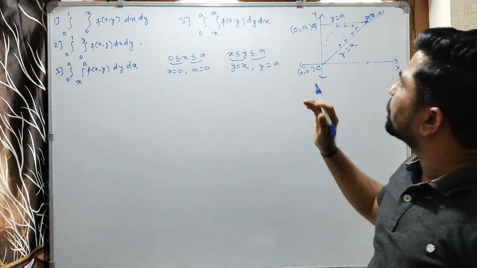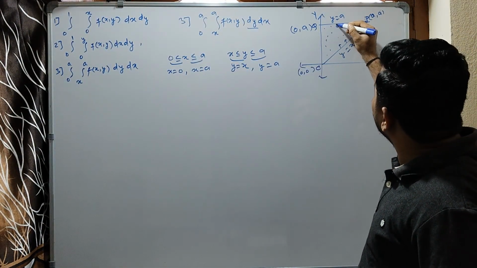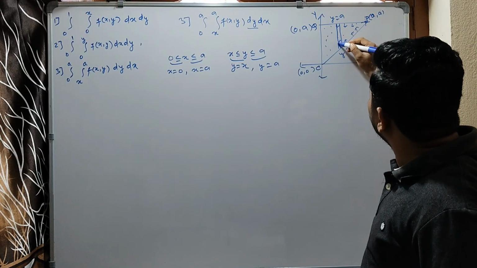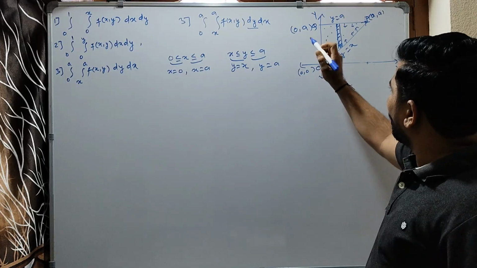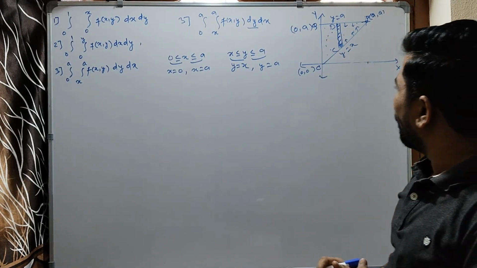In the given question, we first integrate with respect to dy and then dx, so they must be using the vertical strip, which is parallel to the y axis. Let's say this is the vertical strip CD, parallel to the y axis.